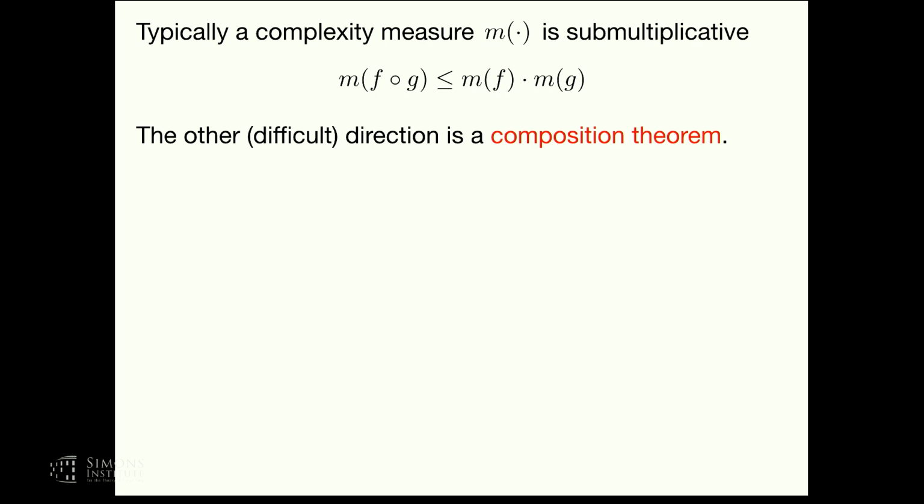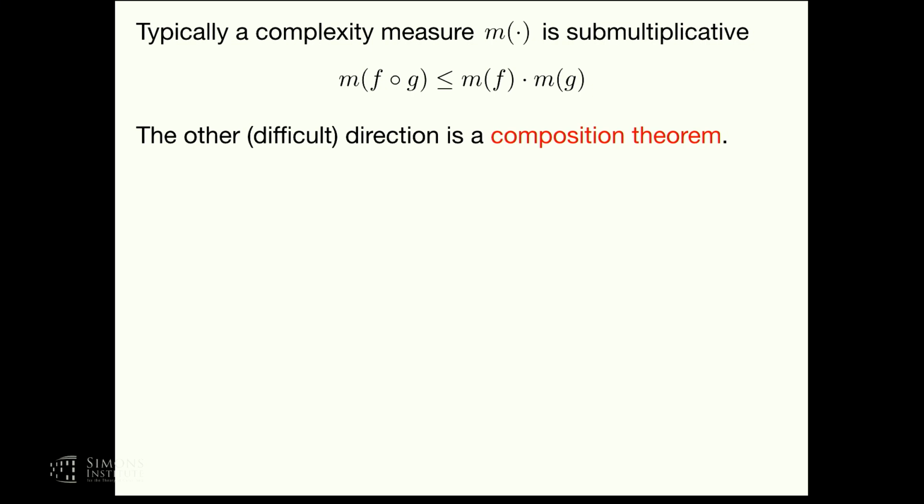This is true for most complexity measures, not all. But usually if this is true, it's not going to be difficult to prove. The other direction, on the other hand, which would be a lower bound on the complexity of f composed with g in terms of the complexities of f and g, can be quite difficult to prove, and that's what we refer to as a composition theorem.